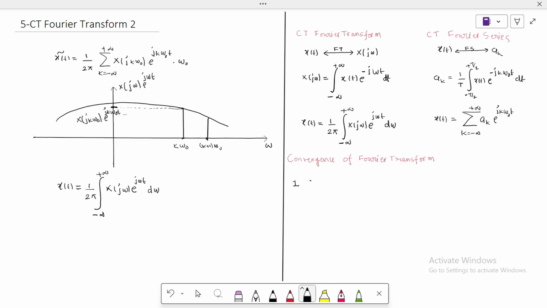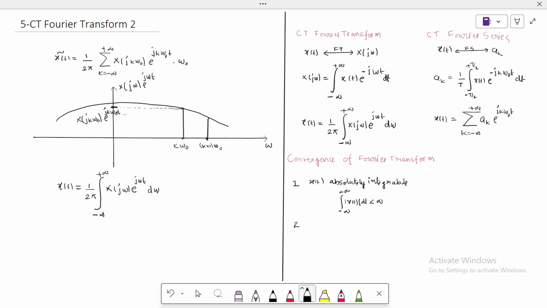So x of t absolutely integrable means the integral from minus infinity to plus infinity of the mod of x of t is a finite value.